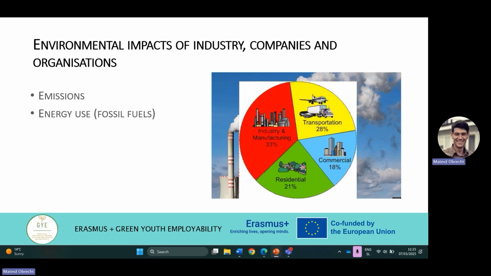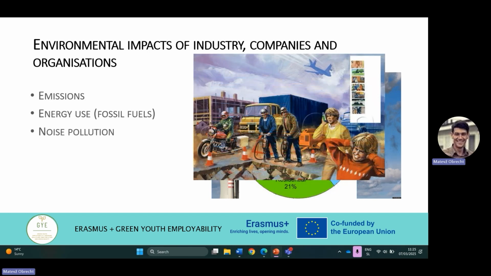Then another negative impact is, of course, noise pollution. If someone is doing road construction, building, or production facilities, if you have one big industry facility in your neighborhood, what happens? Noise pollution can impact local habitat.